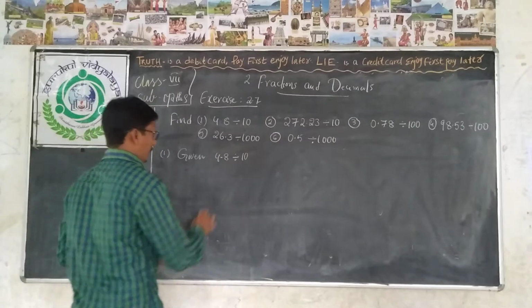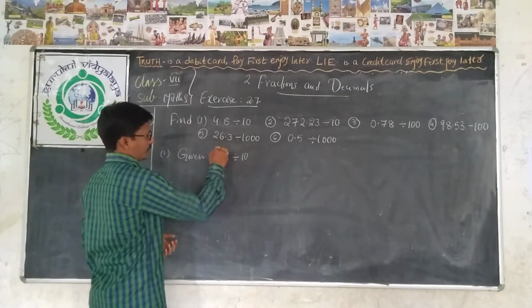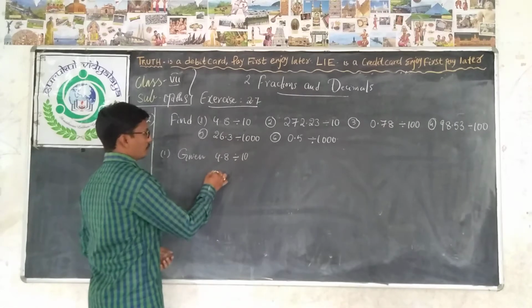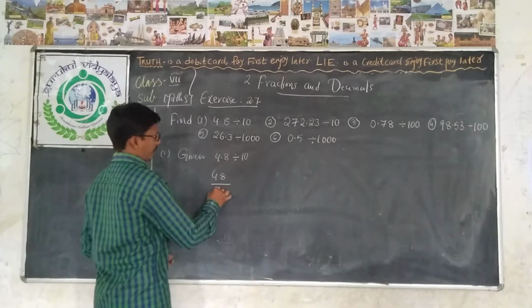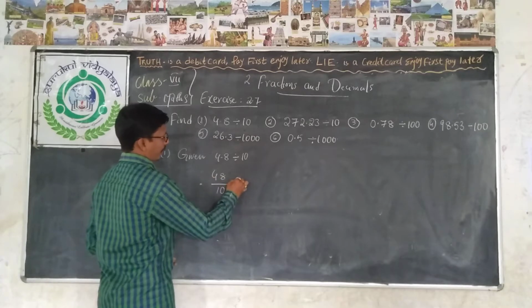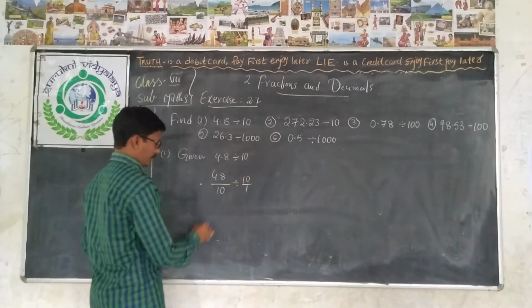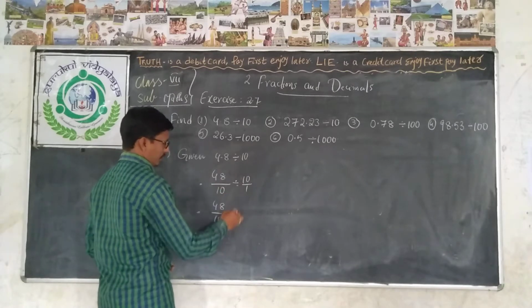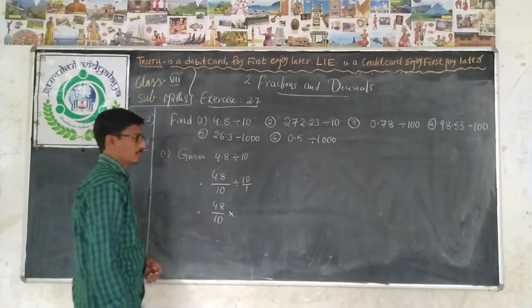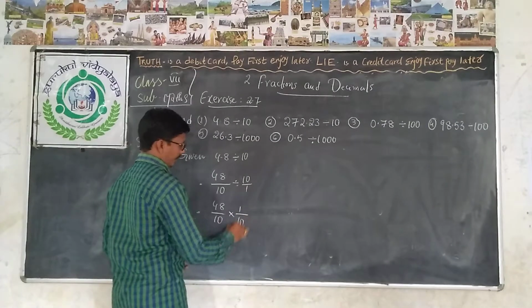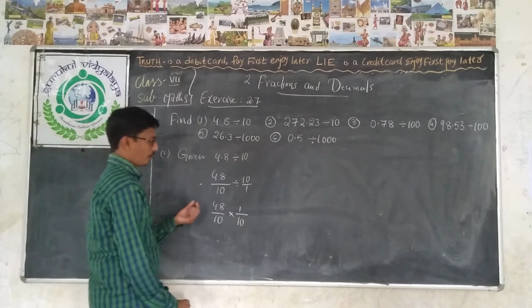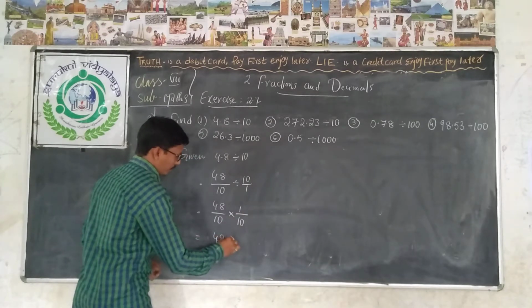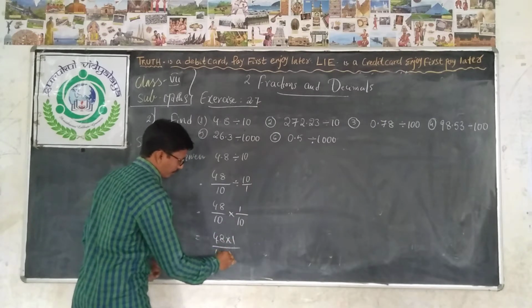In the same way as the last one, how did you complete it? Convert this decimal number to a fractional number. 4.8, remove the point, 48 by 10, divided by 10 by 1, is equal to 48 by 10 into 1 by 10.